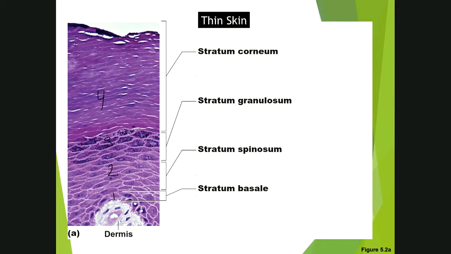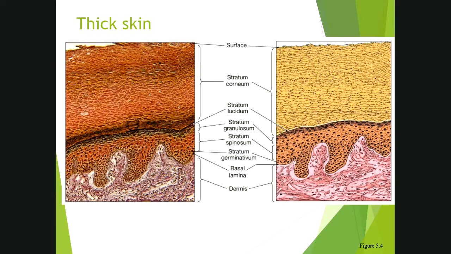So this is thin skin. So basale, spinosum, granulosum, corneum. But if we go to thick skin, there's going to be 1, 2, 3, 4, 5 layers. And so we're going to have basale, spinosum, granulosum, lucidum, and then corneum.